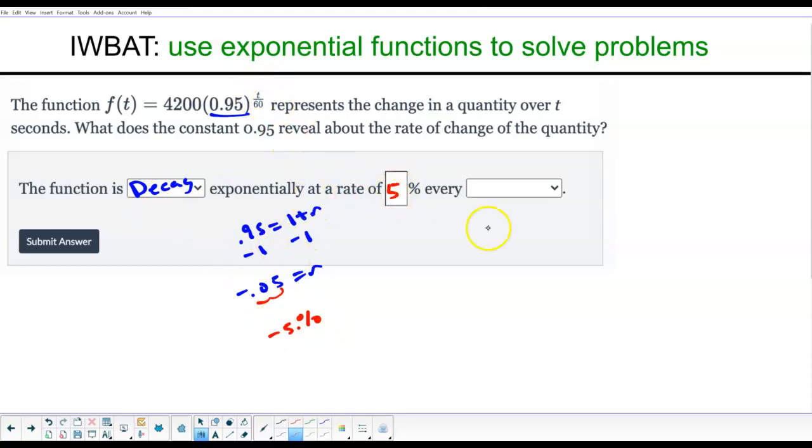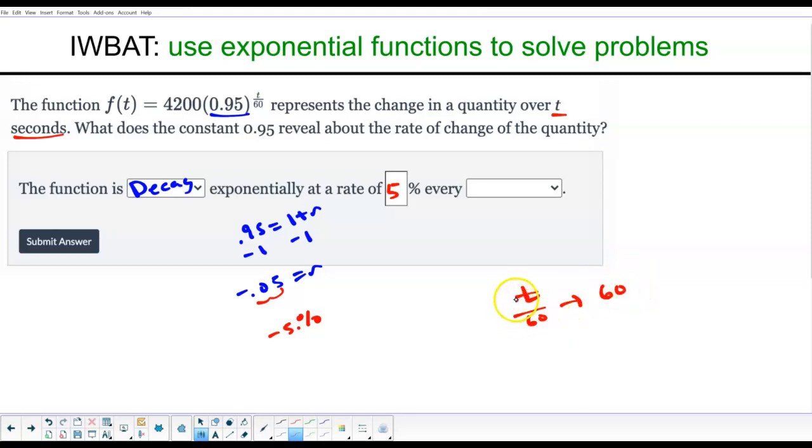Now notice, here we're dividing by 60th. So t represents seconds. So I have a 60th of a second. Well, what I actually want to do is write that as an expression. If I have t over 60, if I take the value of t, which is a second, and divide it into 60 seconds, then I'll think of it as a multiplier.